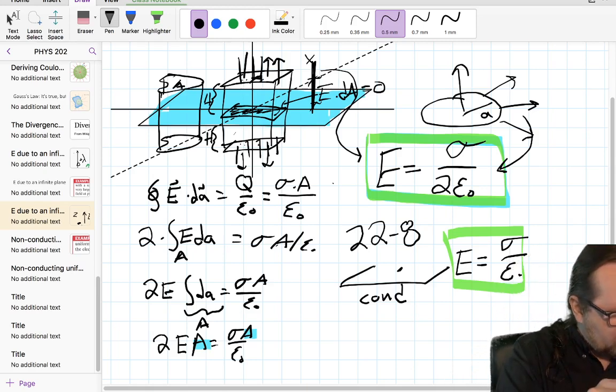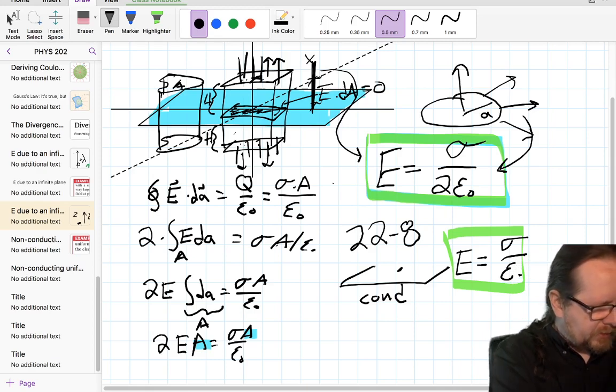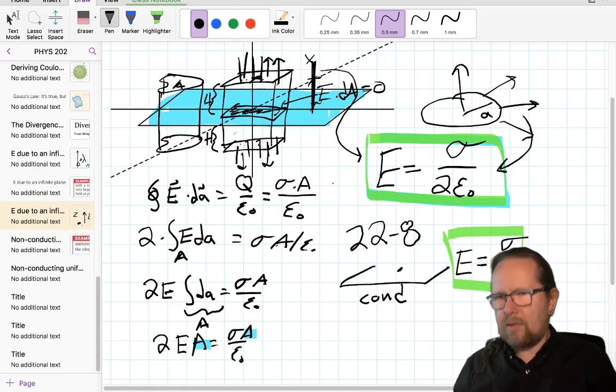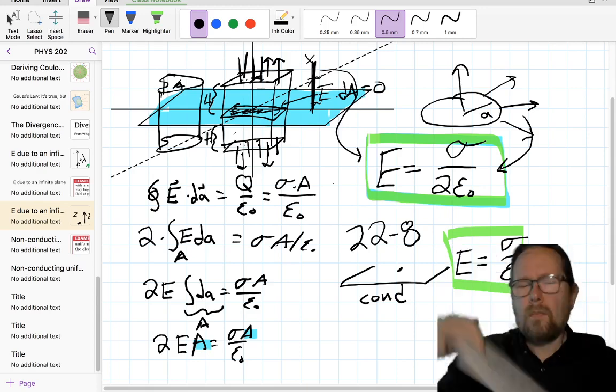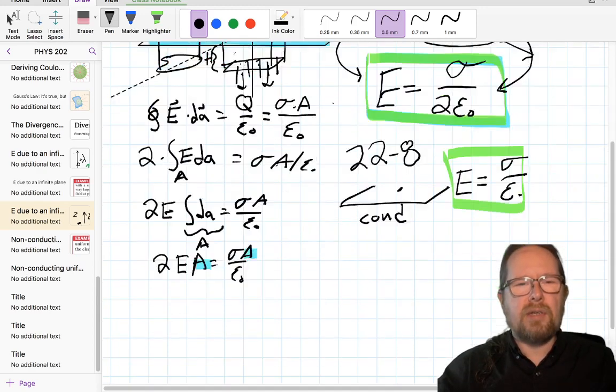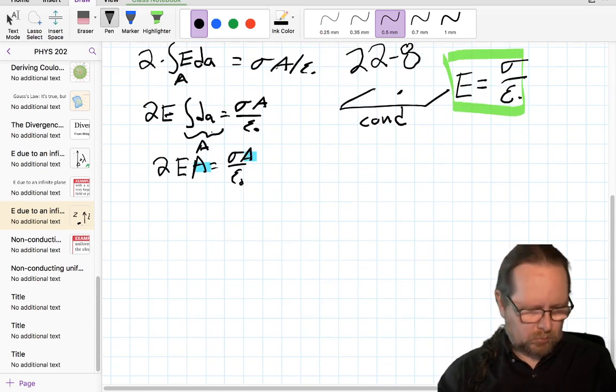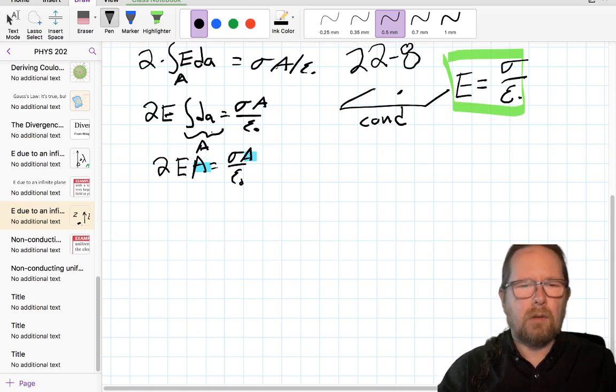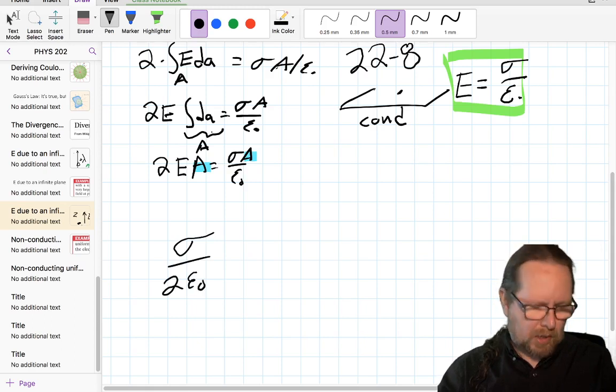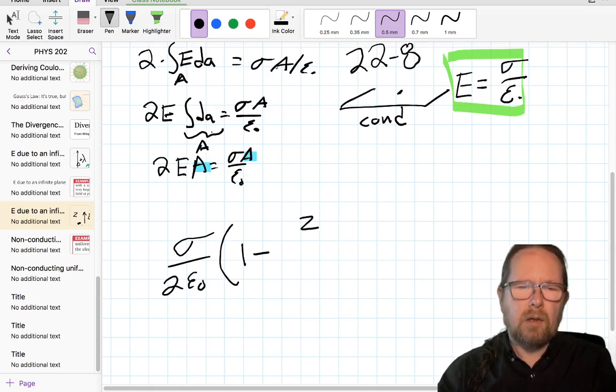Yeah, it's over here somewhere. It's in my big stack of papers. Yeah, here it is. The electric field of a disk. Yeah, looks like this. We found that the electric field of a disk was given by sigma over 2 epsilon naught times 1 minus z over the square root of z squared plus r squared.